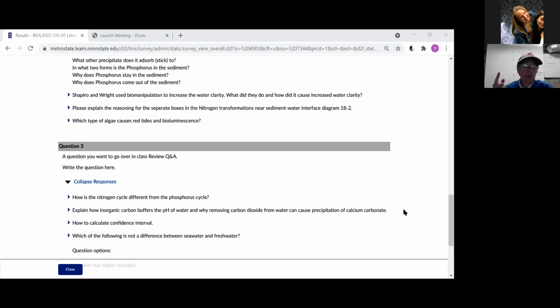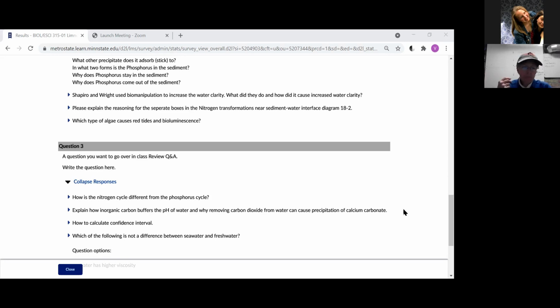Ammonium, nitrate, nitrite, nitrogen gas, molecular nitrogen. So it has more forms. The phosphorus cycle, it's phosphate. It's always phosphate. So in terms of oxidation level, it's always the same. It's always phosphate.